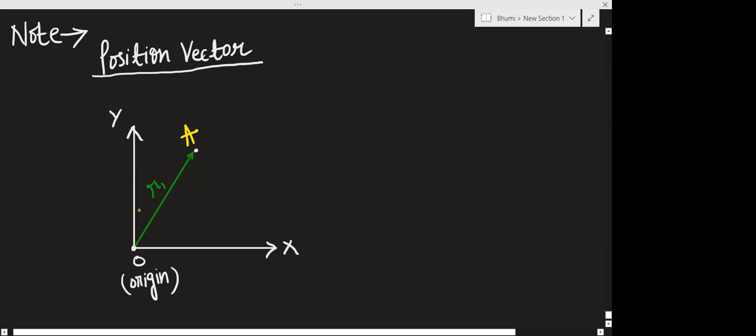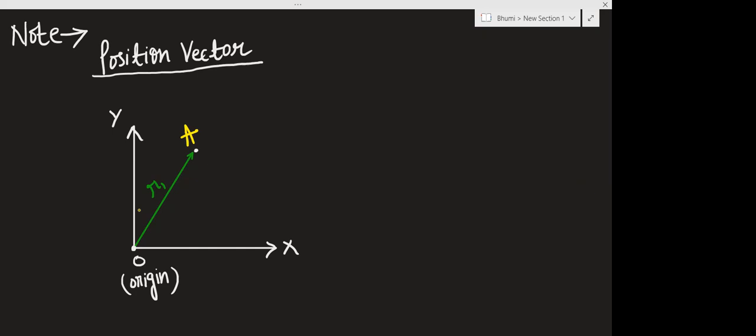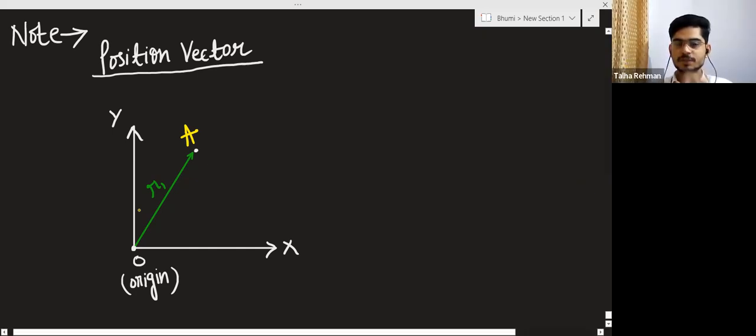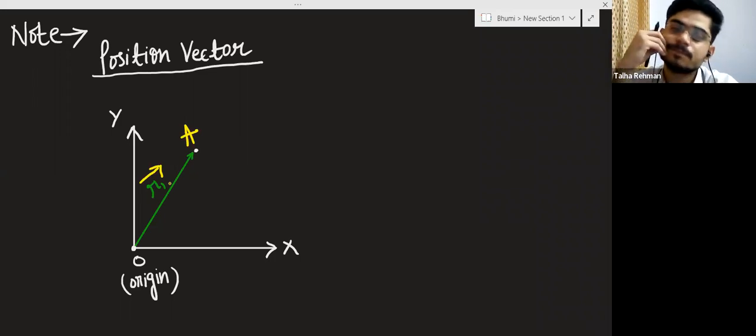This is the position of point A with respect to origin, which means this is the vector position of point A. Fine now? Yes, sir.